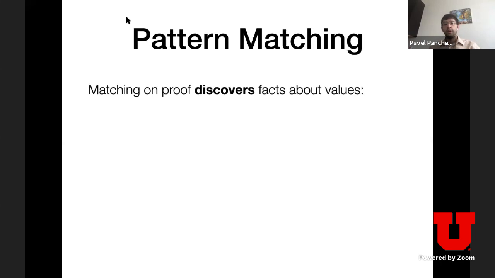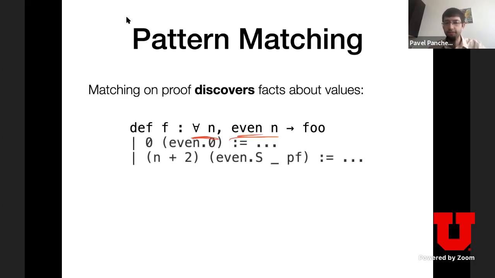So what you've seen so far is some kind of pattern matching on proof values. We just saw, for example, this theorem even add. And what this pattern matching does is it generally involves a function that accepts both a value and a proof about that value as an argument.